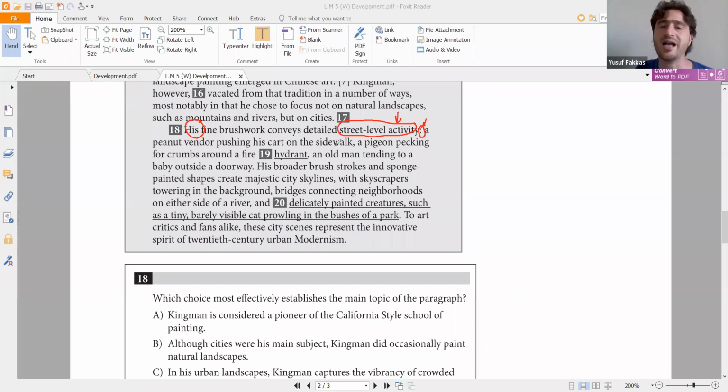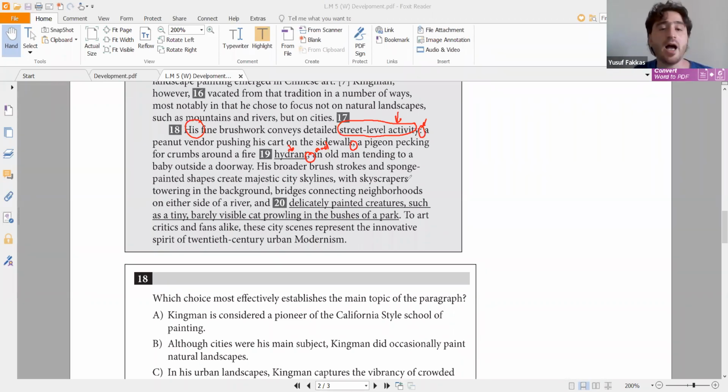So it's a salesman who's just selling peanuts, comma, because it's a list. A pigeon pecking for crumbs around a fire hydrant. Here also we have a comma, and of course we should add and an old man tending to a baby outside a doorway, right?